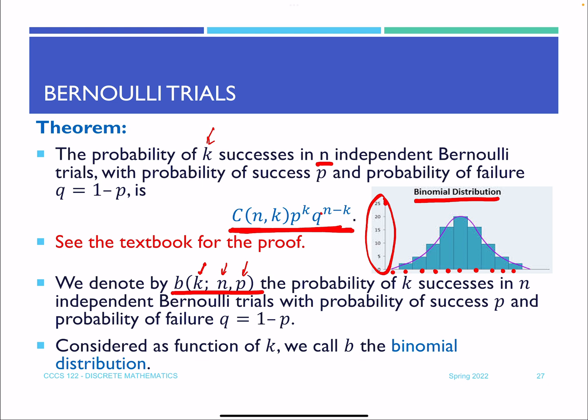Q, that you see over here, can be found once you know P, of course. So that doesn't have to be provided as a separate parameter. So the Bernoulli function that you see over here is then basically a function of K.